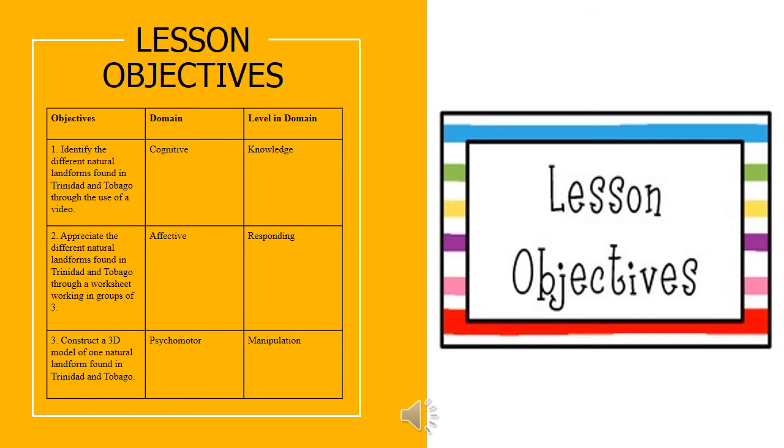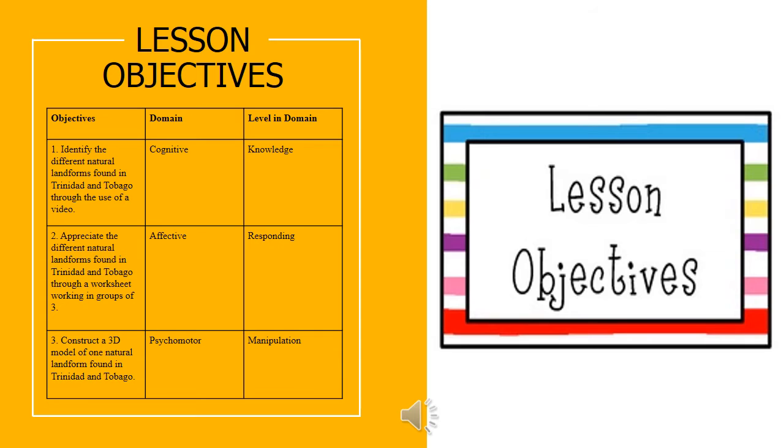Remember, you want to achieve the three main objectives: cognitive, affective, and psychomotor. The cognitive will allow the students to identify the natural landforms, for instance, mountains, hills, volcanoes.